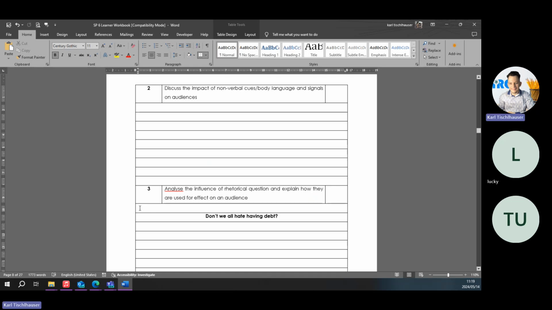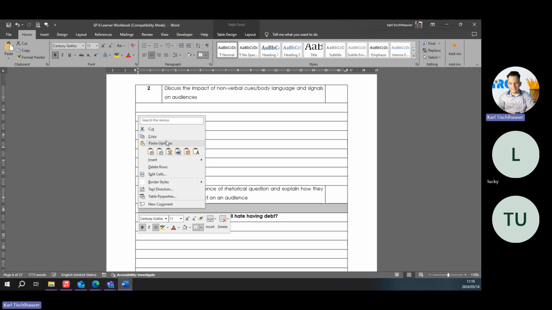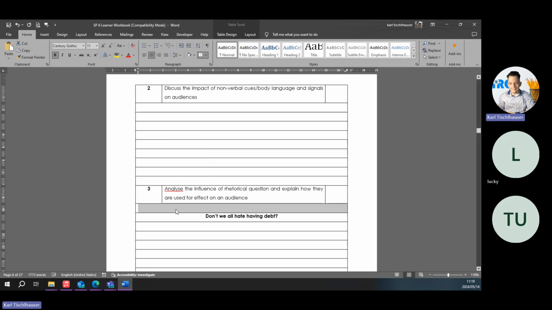If I said to you, hey, don't we all hate animal abuse? No one's going to say, yes, actually, I like it. That's a good example of a rhetorical question, and the same for child abuse. If you're talking to an audience about raising children and you said something like, hey, are we all happy with children being abused? It's a question. People don't have to answer.